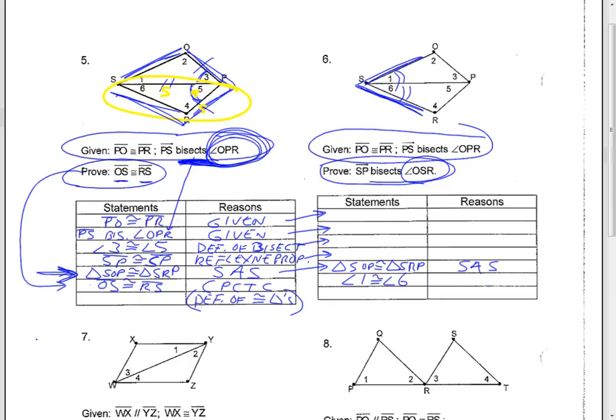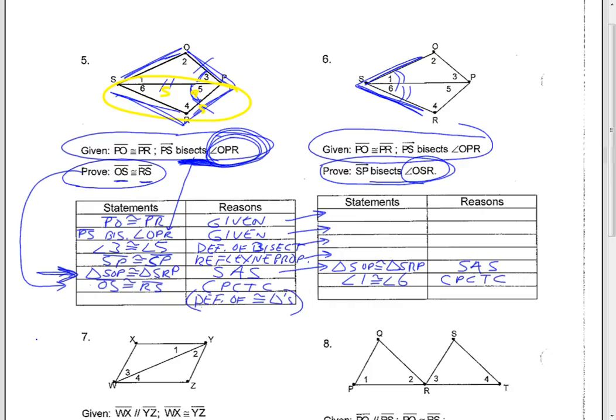Is 1 in the top triangle? Is 6 in the bottom triangle? Do they correspond? They're in the same spot. They correspond. It's CPCTC. It doesn't matter whether it's segments or angles. If they're in the 2 triangles and you just proved that the triangles are identical, they must be identical.